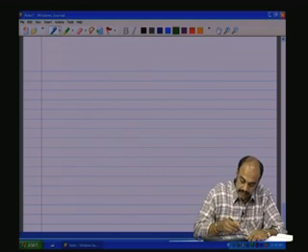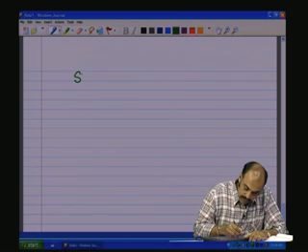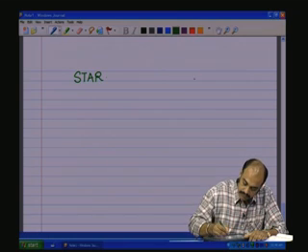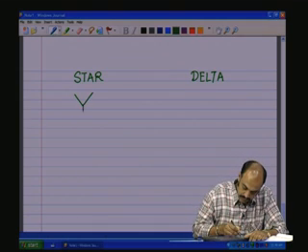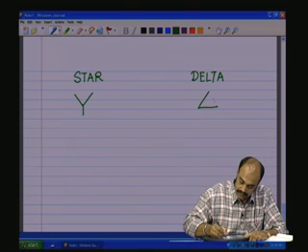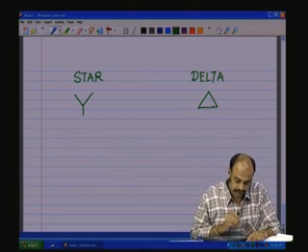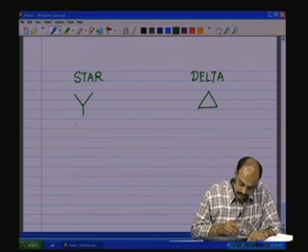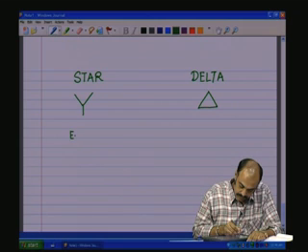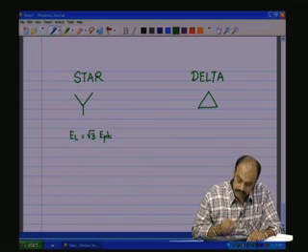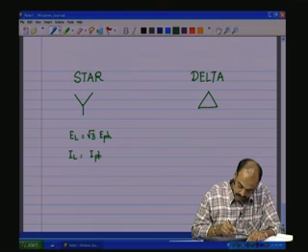So, if we summarize these star and delta circuits, so you have the star and you have the delta circuit. We can put it like that and this like this, let us say. The star circuit: E line equals root 3 E phase, I line is equal to I phase.